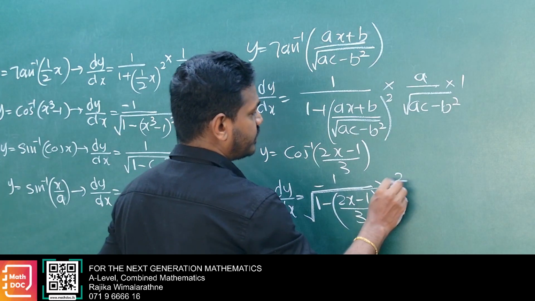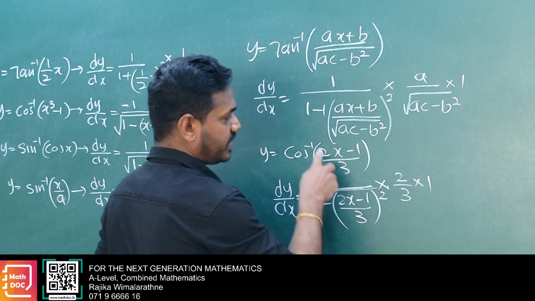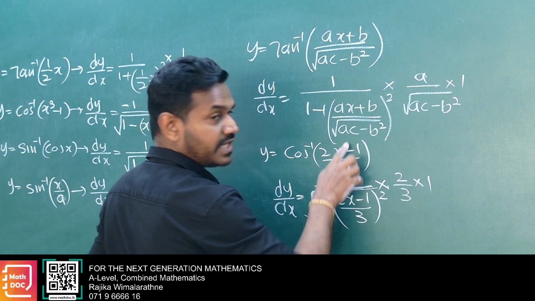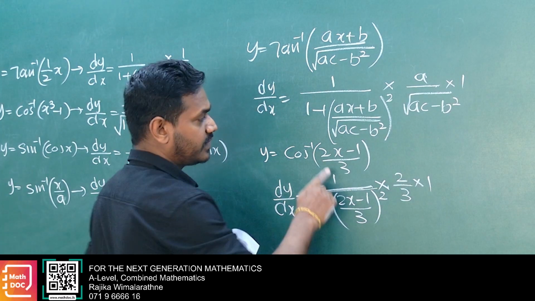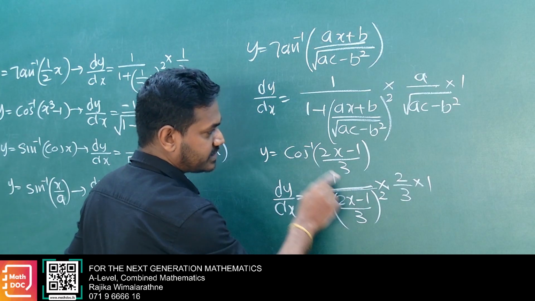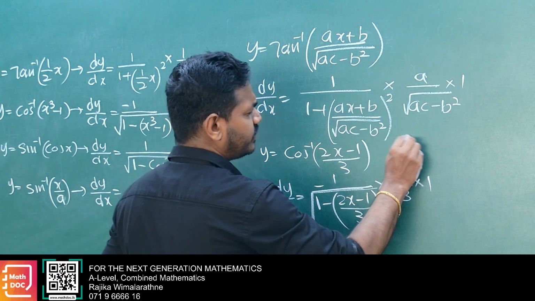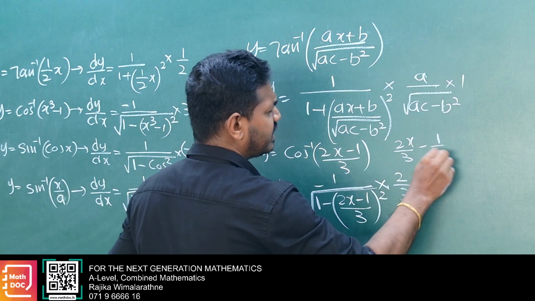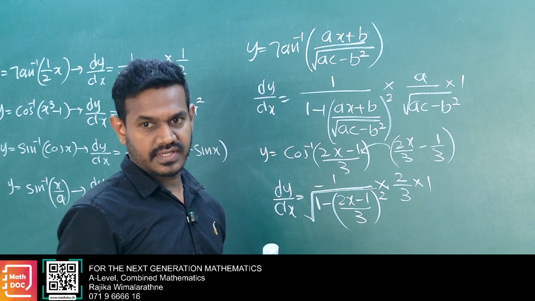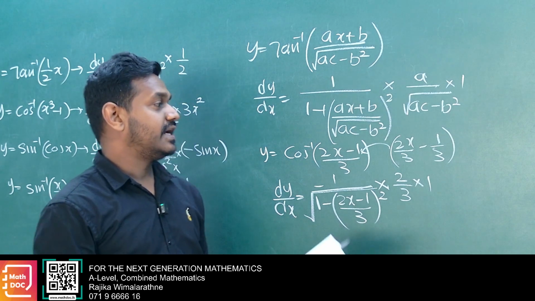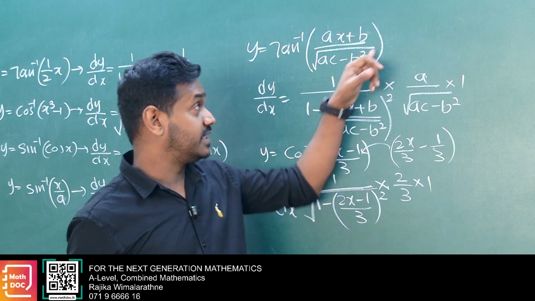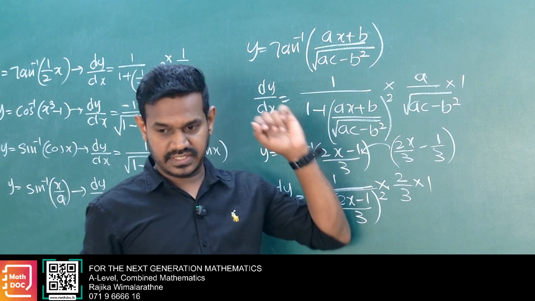You write 2/3 times x derivative 1, then minus 1/3 derivative 0. Likewise, you can write it here as 2x over 3 minus 1/3. Don't get confused with a division formula, the division algorithm; when you differentiate this part, that constant gets 0.